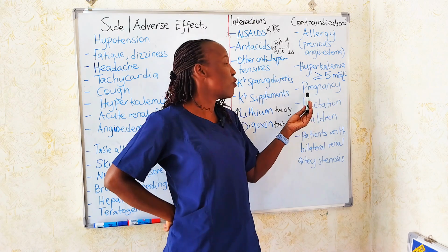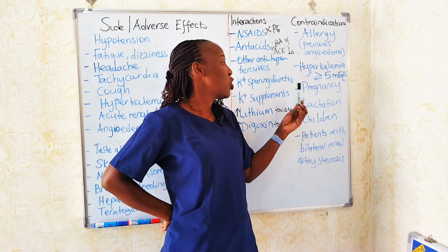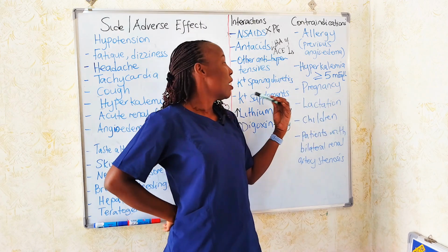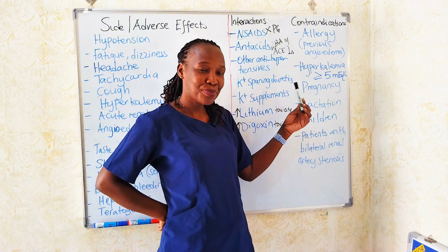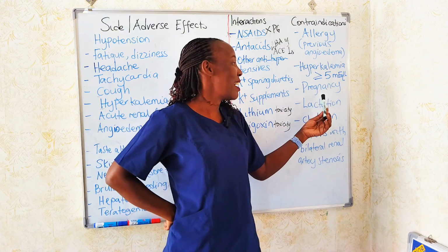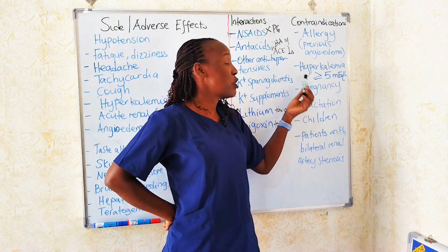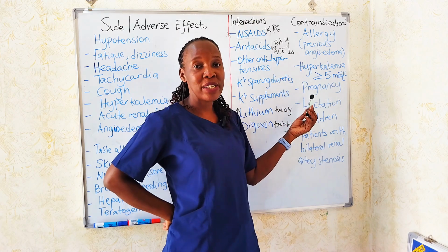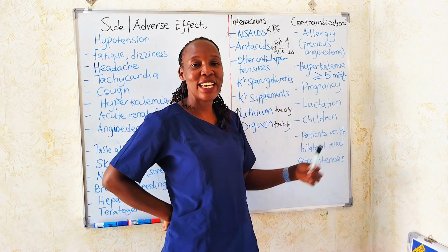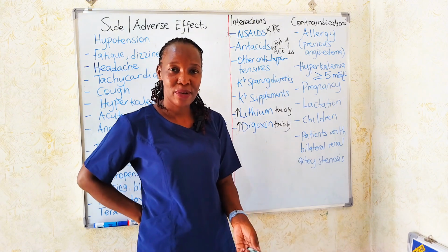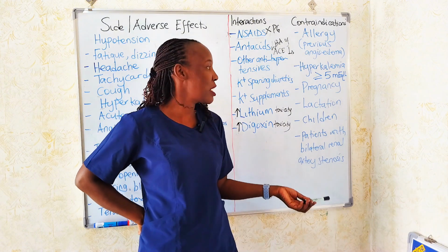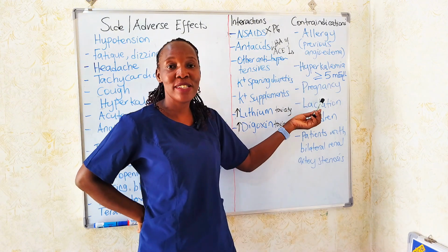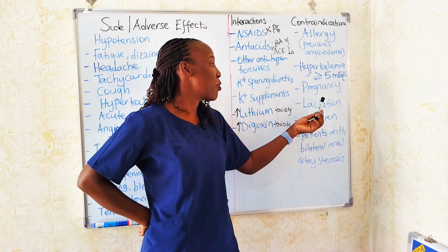So you may first of all need to ascertain whether your client is pregnant, if it's a female client, so that this drug is not given to them. Or if they're not pregnant, they should be able to report in case they get pregnant, because we will need to stop the medication. Otherwise, the fetus might have renal problems.